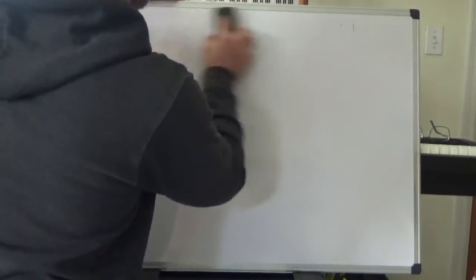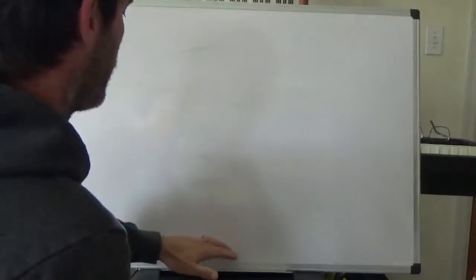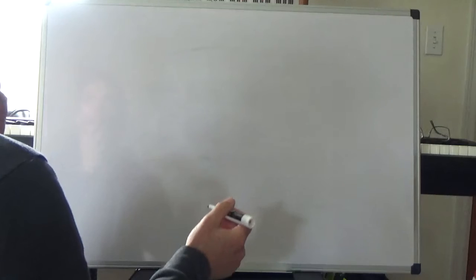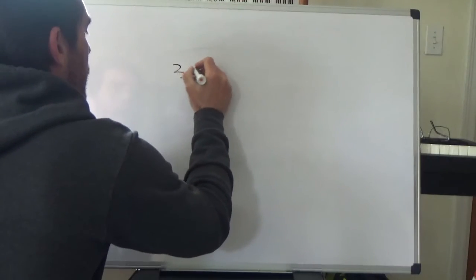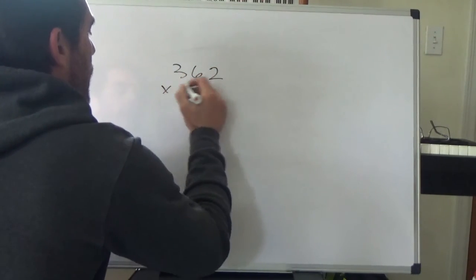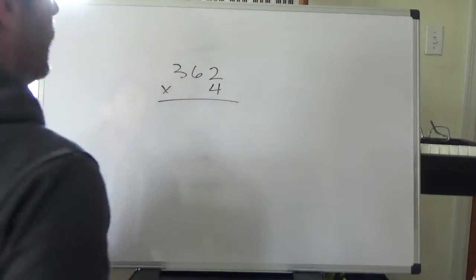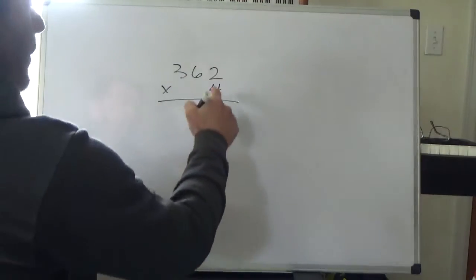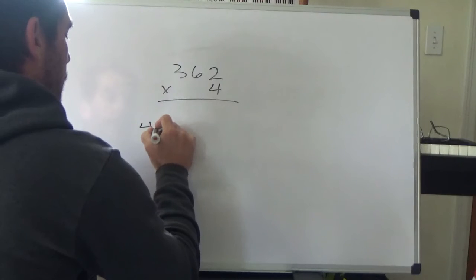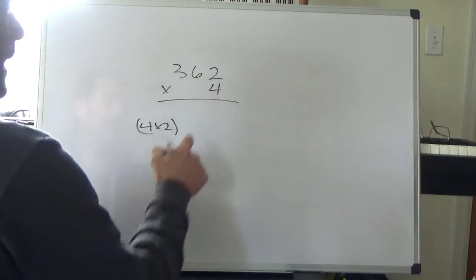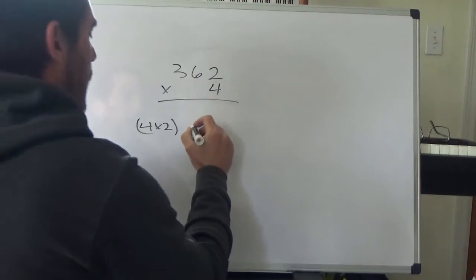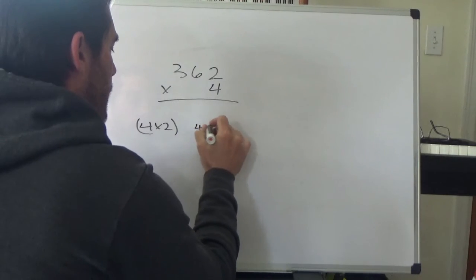I'll just show you one more example so you know what you're doing. Let's take the number, I don't know, 362 times 4. So what am I going to multiply here? I'm going to multiply 4 times 2, and then I'm going to multiply 4 times 60.